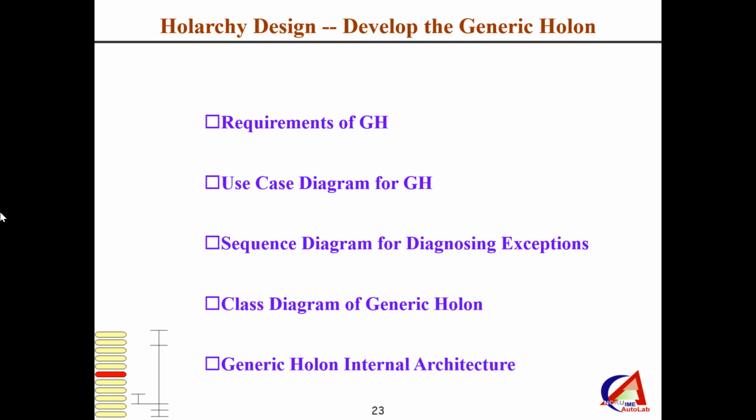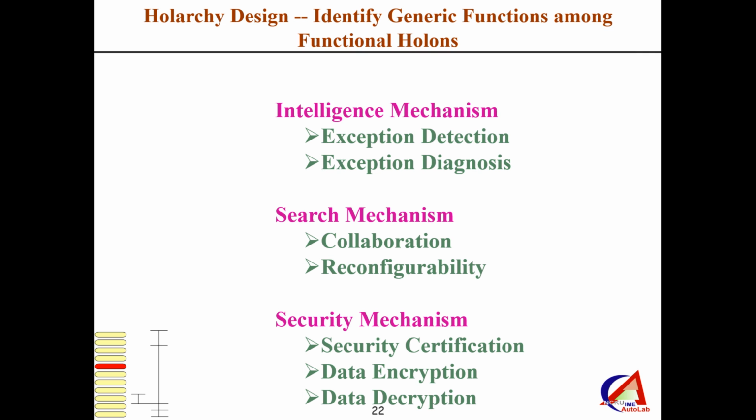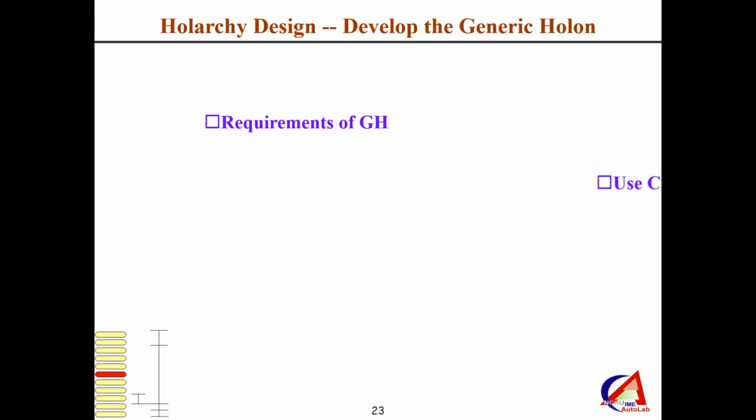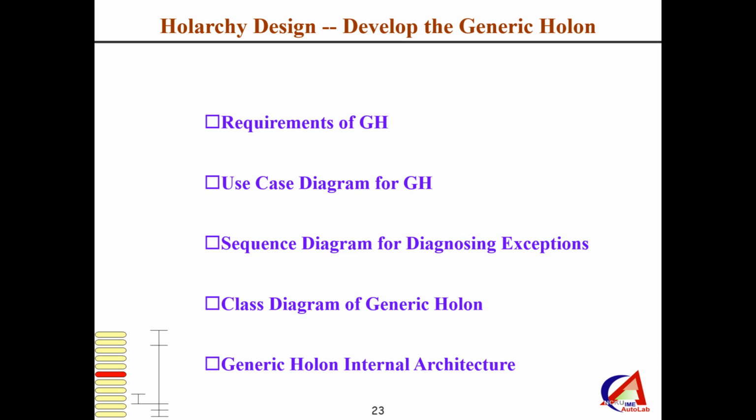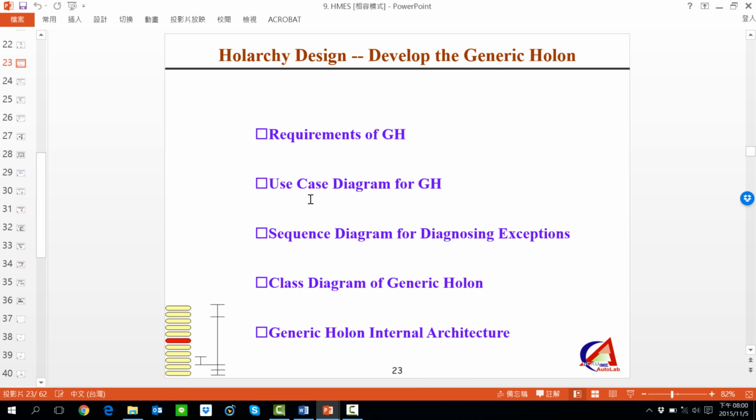So you see, we need to know the requirements of the genetic holon and draw the use case diagram, sequence diagram, class diagram, etc. For this procedure, because you have already identified a genetic holon, right? Those are the common requirements of the genetic holon. And of course, you will design through this procedure.